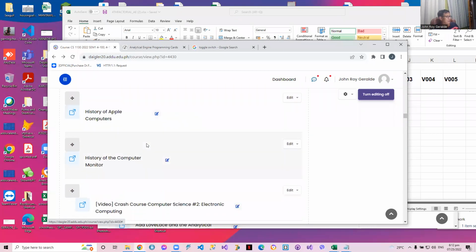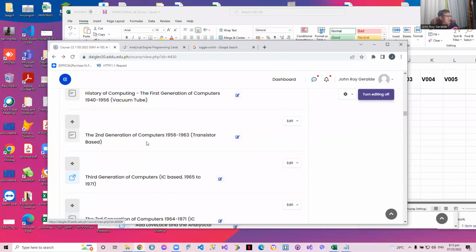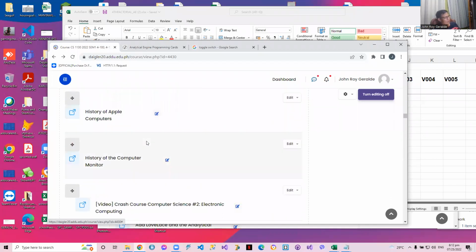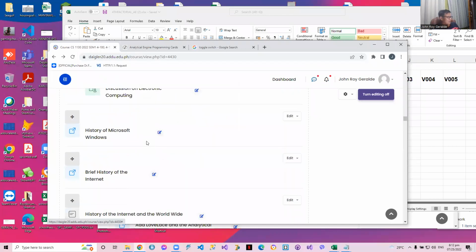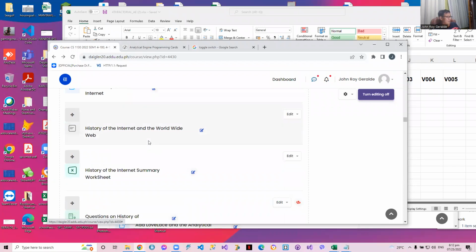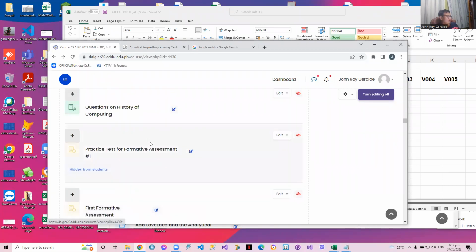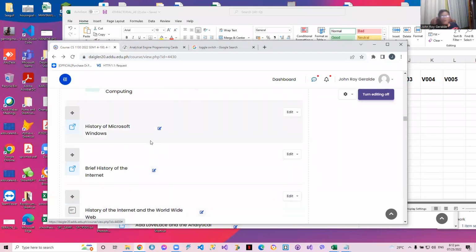So yun yung mga 3 computers, no? I hope we can program an early 701, an early IBM computer. And then we will have our formative assessment, okay, right after we studied all of history. Do you follow?